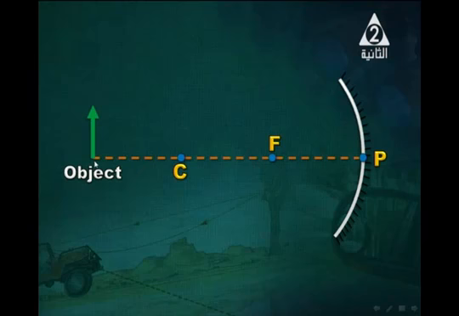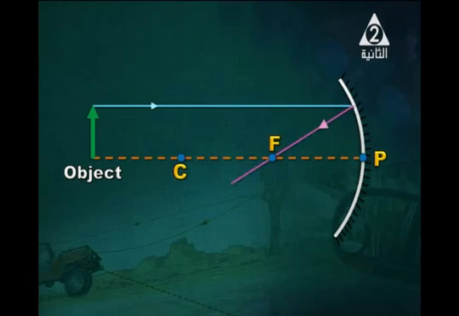This object will send two rays. The first is a ray parallel to the principal axis. This parallel ray will reflect when hitting the reflecting surface of the concave mirror to pass through the focus.